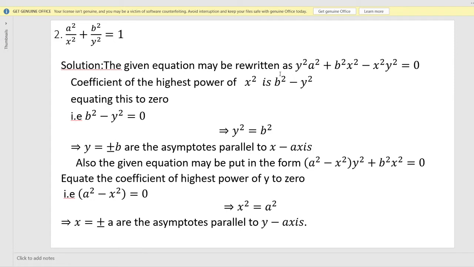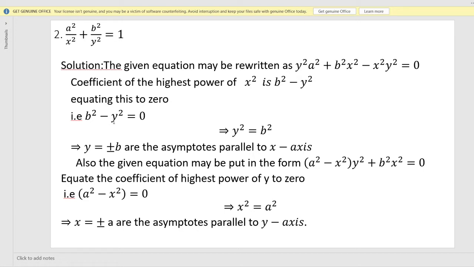The given equation can be written as a²y² + b²x² = x²y², where the LCM x²y² comes to the right-hand side. Shifting it to the left-hand side, we have a²y² + b²x² − x²y² = 0. The coefficient of the highest power of x: taking x² common, b² − y² is the coefficient of x².